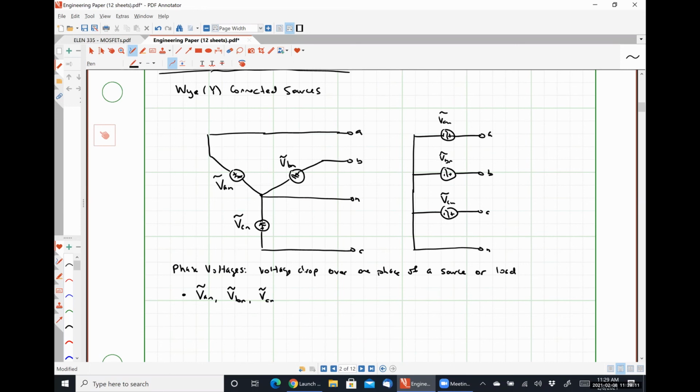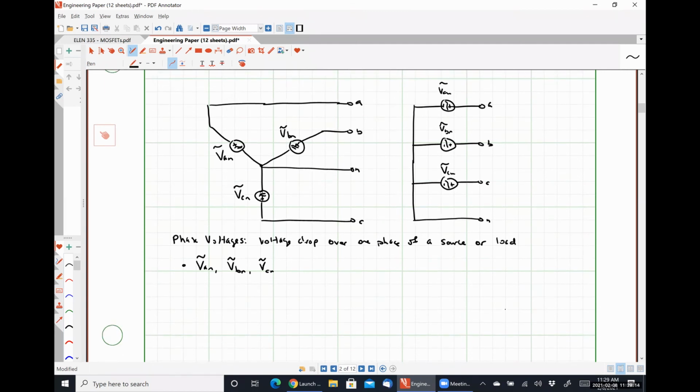Okay. The next thing I would like to talk about is line voltages. Line voltages are by definition voltage drops between the transmission line terminals of a source or load.